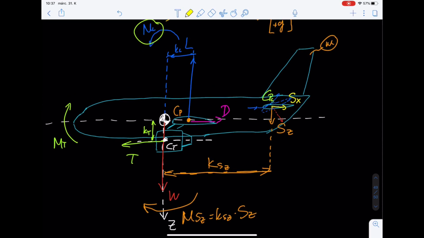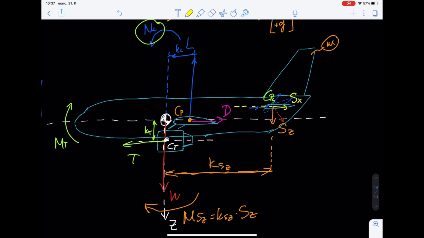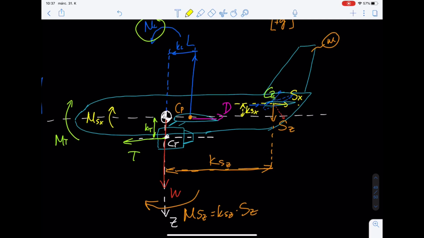And this drag, or X component on this arm, this KSX, is also giving us a pitch up moment, right? It's also giving us a pitch up moment. So it's helping the Z component of the force.